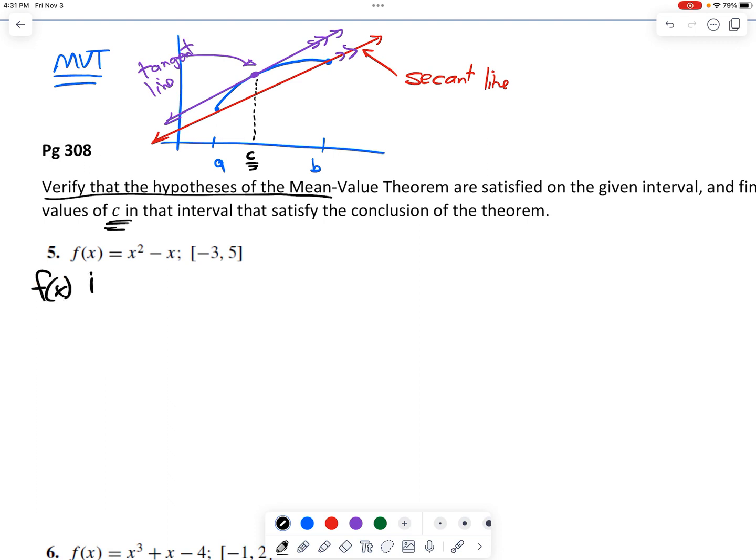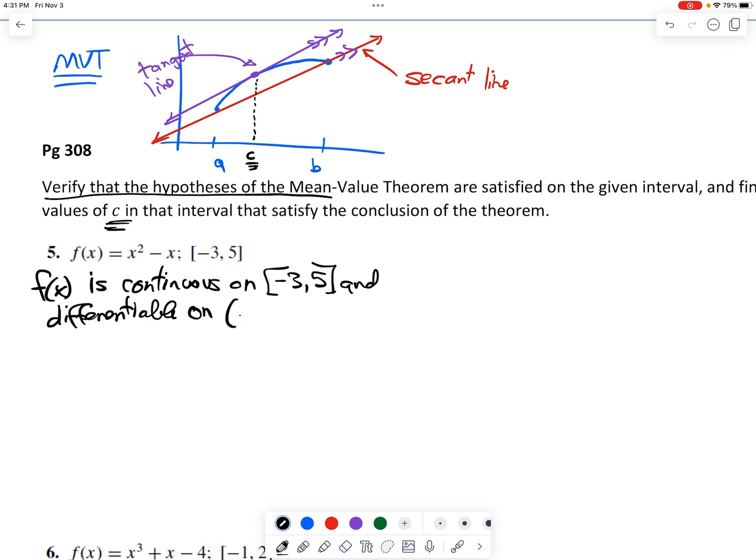So you'd say f of x is continuous on -3 to 5 and differentiable on the open interval -3 to 5. So I can say conditions met.